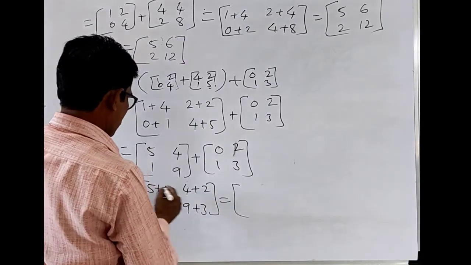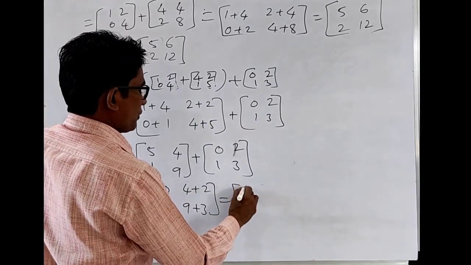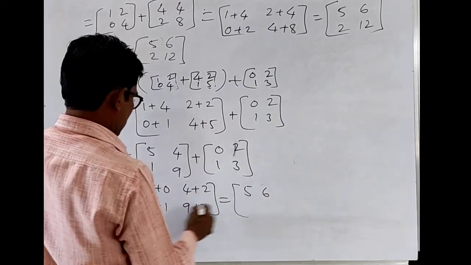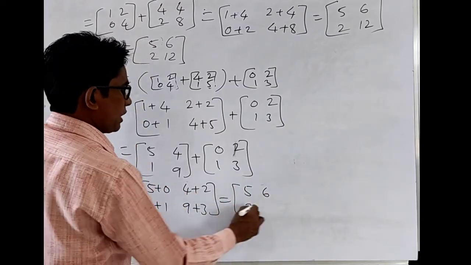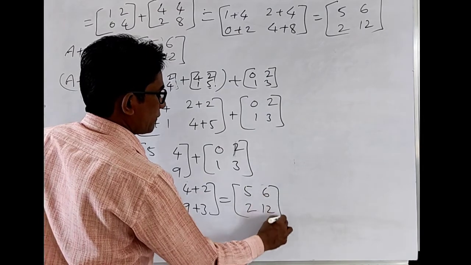So 5 plus 0 is 5, 4 plus 2 is 6, 1 plus 1 is 2, 9 plus 3 is 12.